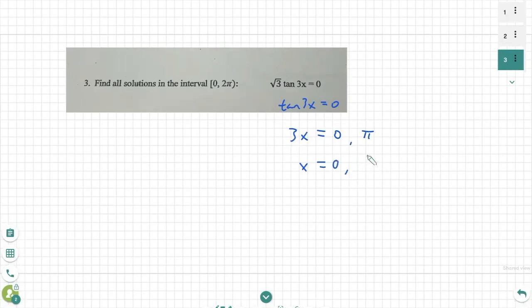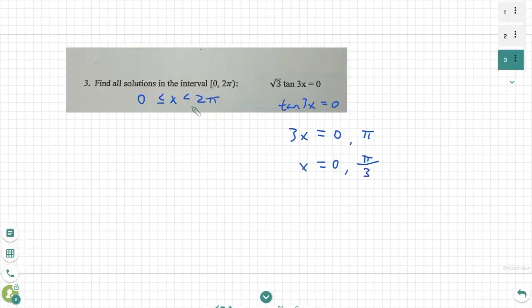But the other thing you have to be careful with, for this coefficient on the x, is that we have to go beyond 2 pi. We want the solutions in the interval 0 to 2 pi, which means x has to be between 0 and 2 pi, right?